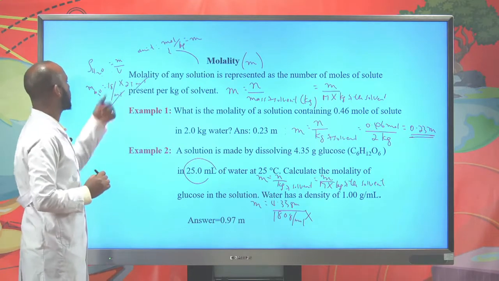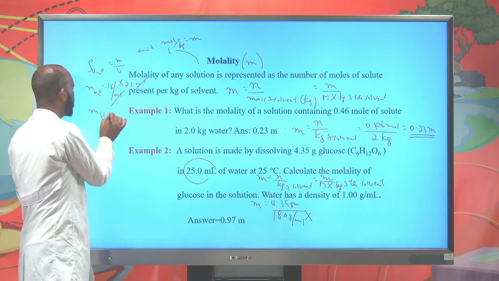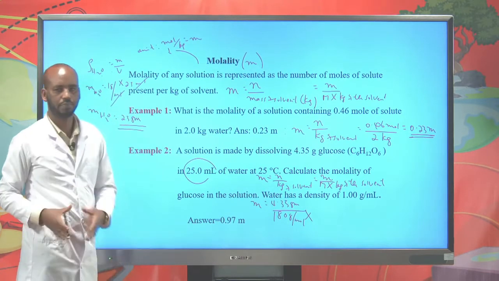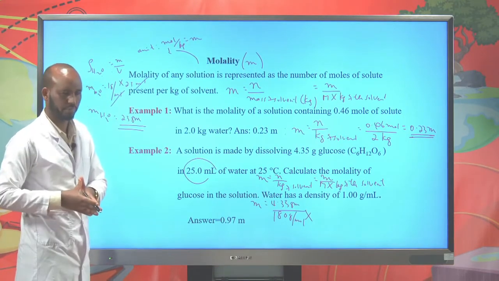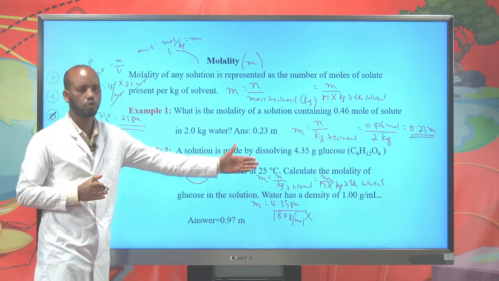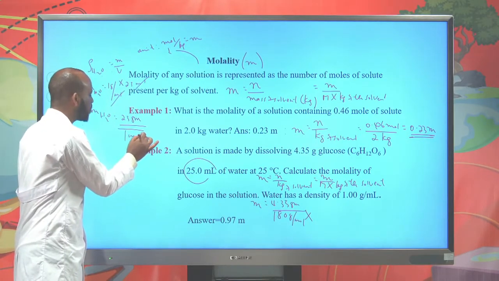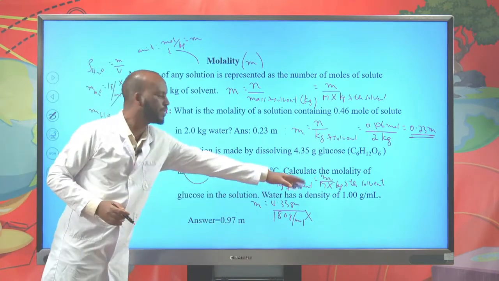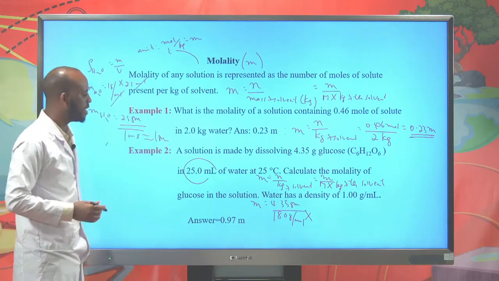We are left with gram, which is the unit of mass. Therefore, mass of water is 25 gram. Note that for dilute aqueous solution, if density of the solution is 1 gram per milliliter, 1 milliliter is approximately equal to 1 gram.